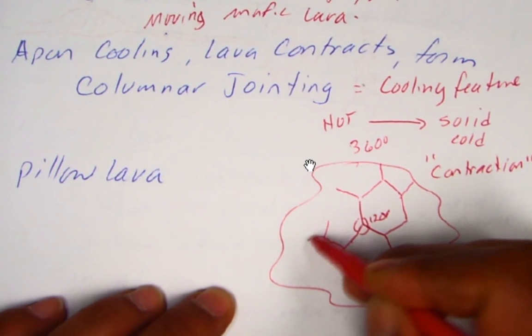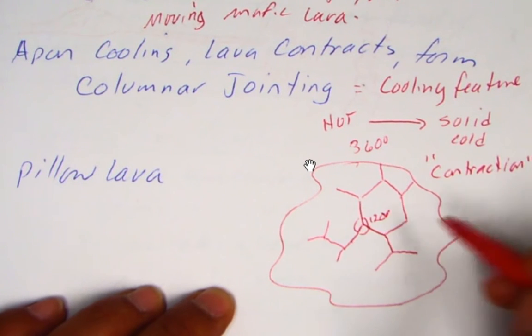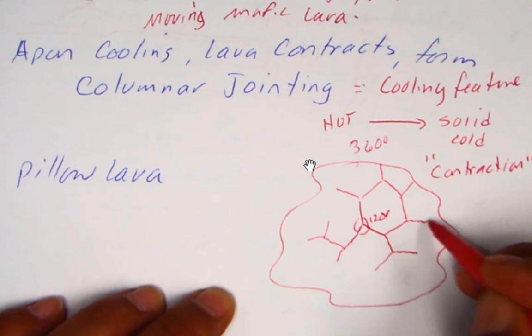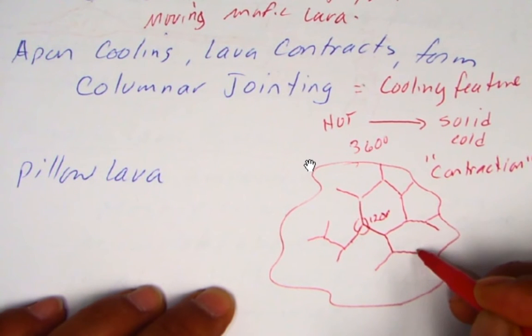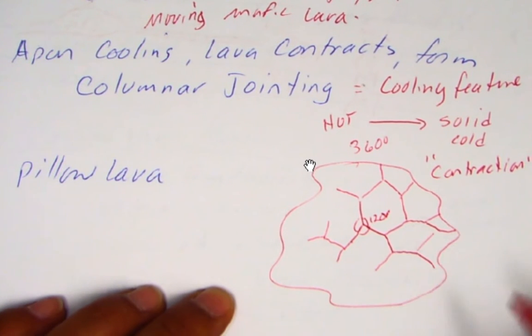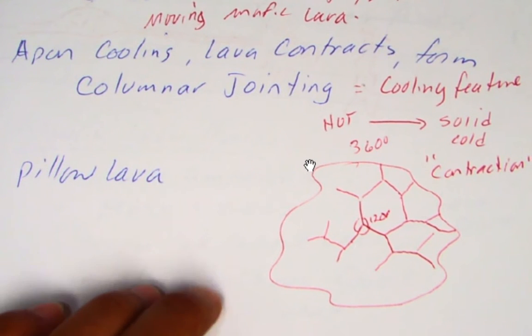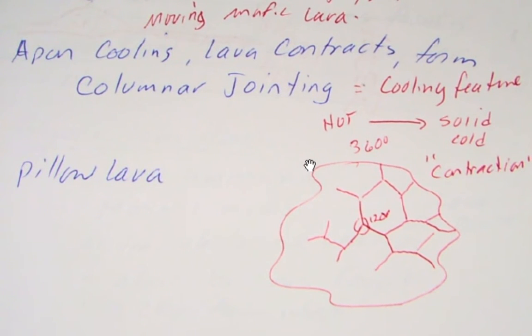And so with that geometric shape I'm going to start making this kind of honeycomb-type structure, right? And this honeycomb-type structure is the columnar jointing. Usually it's 5 to 6 sided, sometimes 7 sided, but it's a very unique pattern in nature.